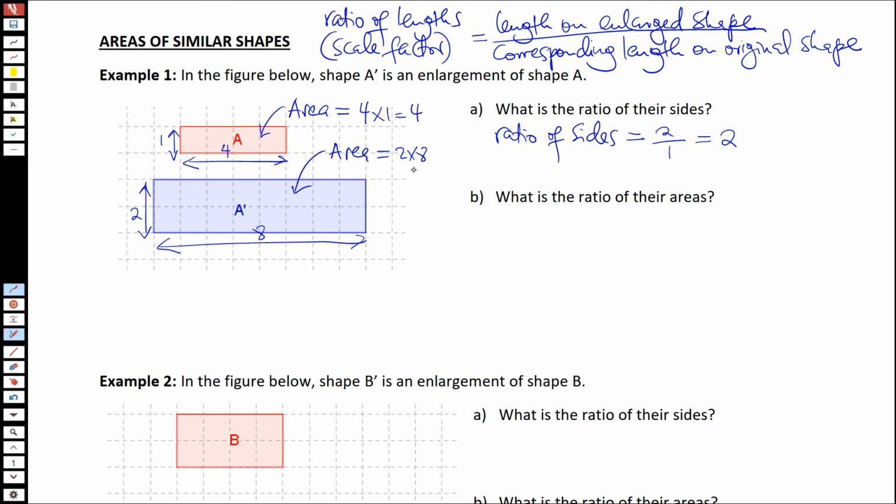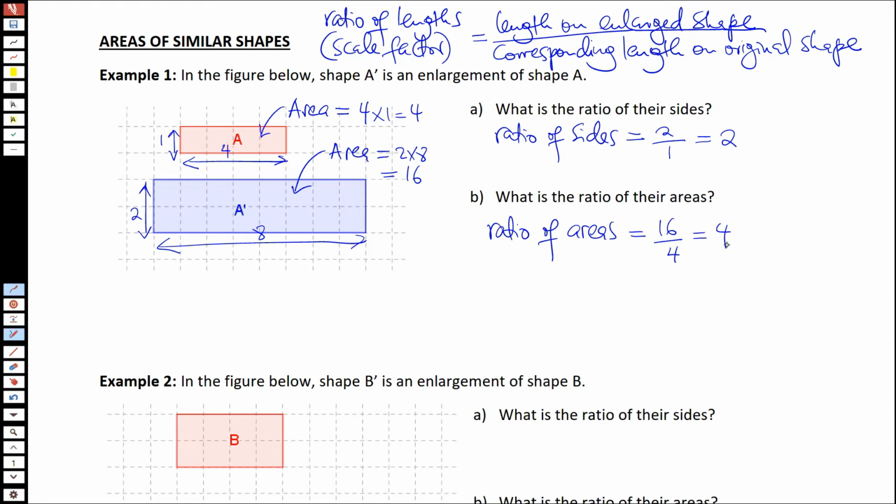So that's 2 multiplied by 8, which is 16. So the area of the other rectangle is 16. So the ratio of the areas will be equal to 16 over 4, which is just equal to 4.